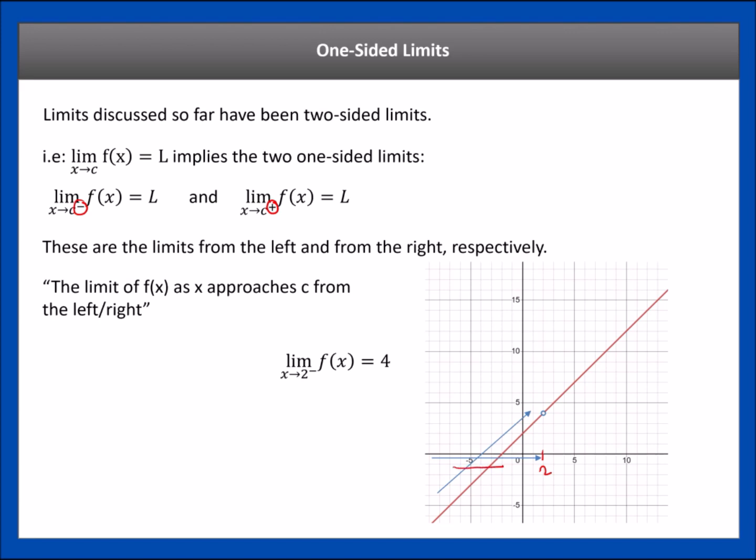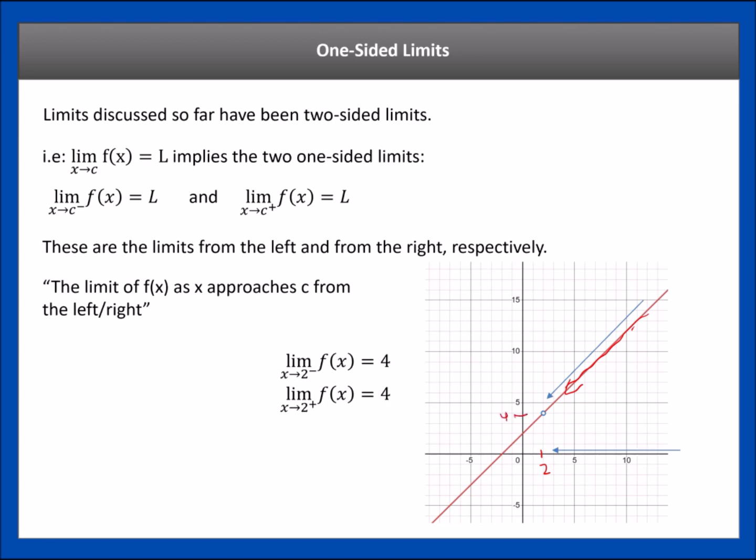As x approaches 2 from the left side, we're basically just traversing the graph from the left. And as we traverse the graph from the left, it's approaching this value of 4, right? Now, if we approach 2 from the right side, well, then that's these two arrows. We're basically traversing this graph from that side. It still approaches the value of 4, right?